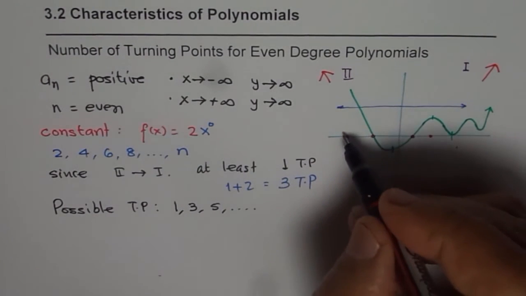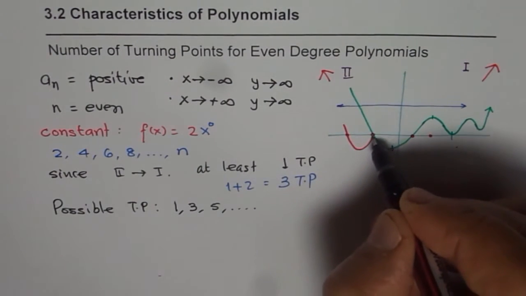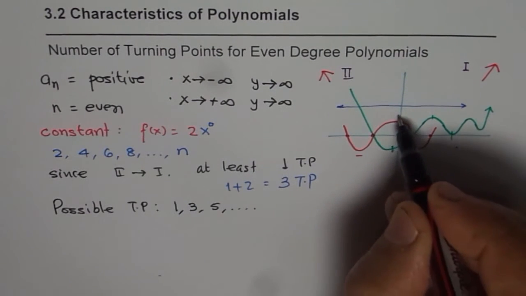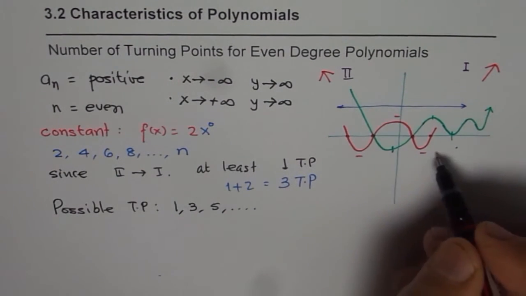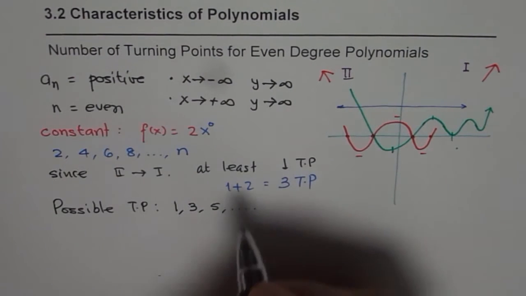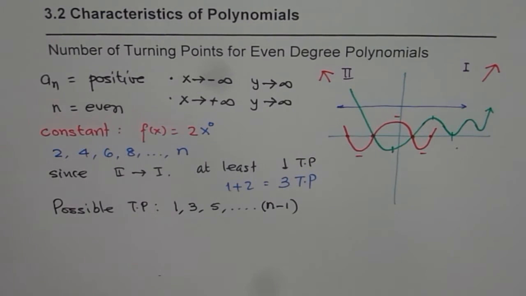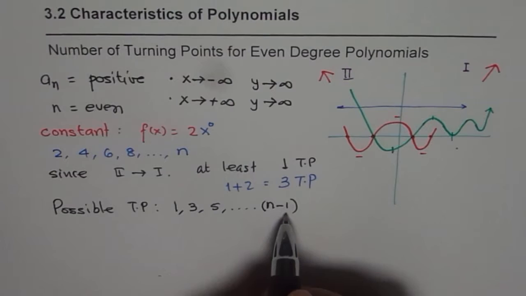Maximum number of turning points could be, let us say like this. How many? 1, 2, 3. 1 less than 4. Do you see that? And therefore, the maximum number of turning points is n minus 1. Correct? In fact, n minus 1 is the maximum number of turning points for any polynomial.